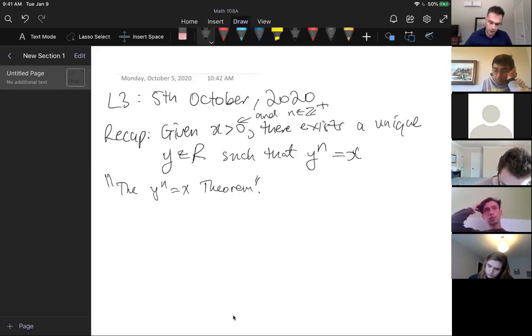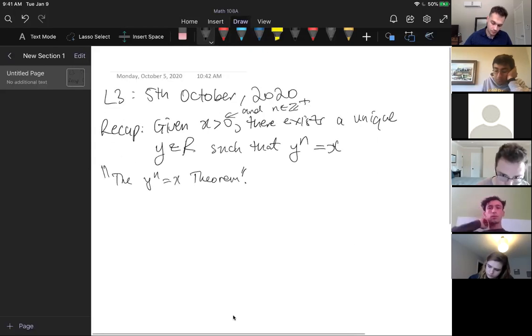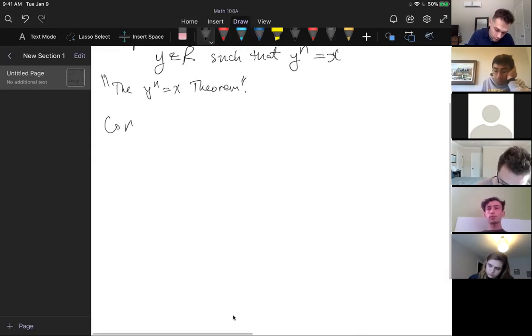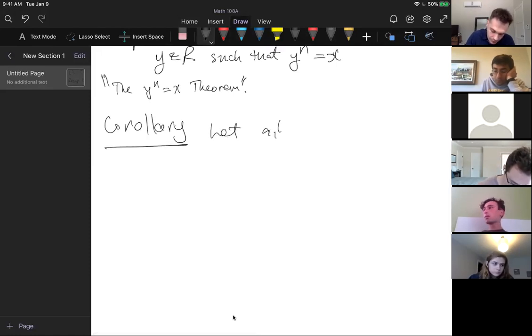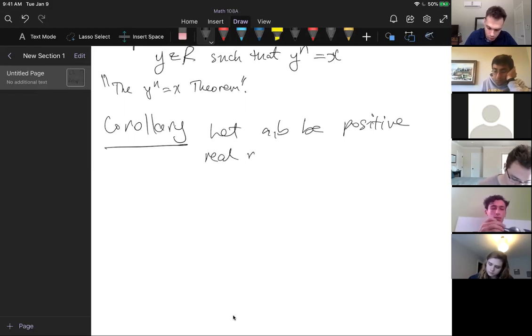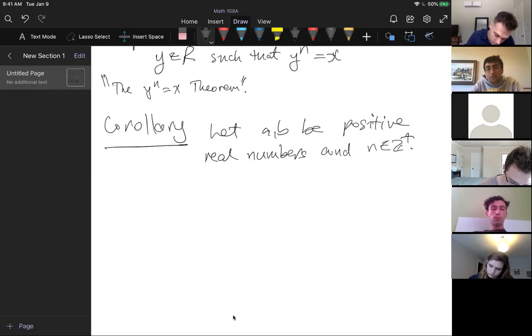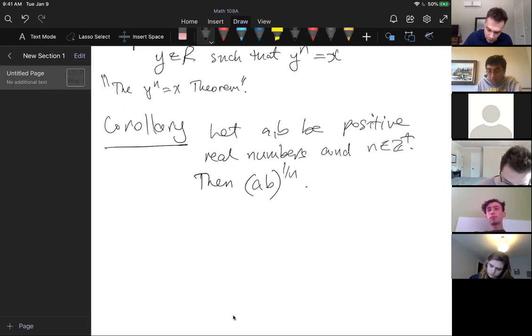Okay, so a corollary to this theorem that you get is the following. Let a and b be positive reals, and n a positive integer. Then the conclusion is that if I take the nth root of their product, this is just going to be equal to the product of the nth roots of each of them.